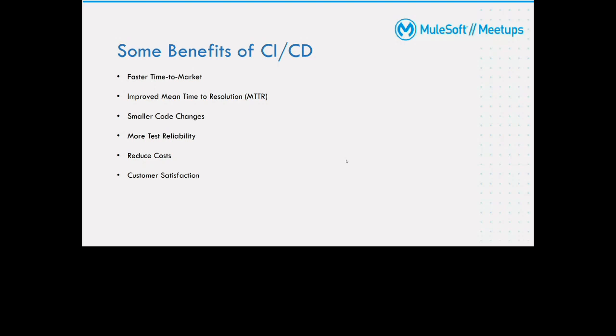You can test those features in a faster manner, and it allows developers to recognize the issues before too much work is done on the code. So smaller code changes help a lot when you're doing a CI/CD pipeline. You can integrate and deploy your small pieces of code changes as well.